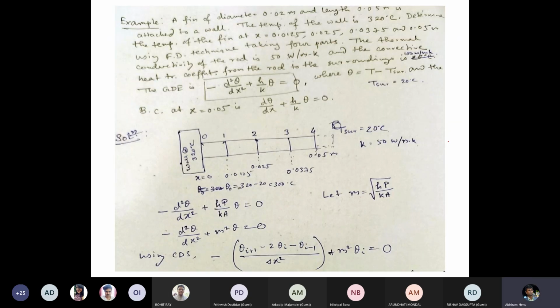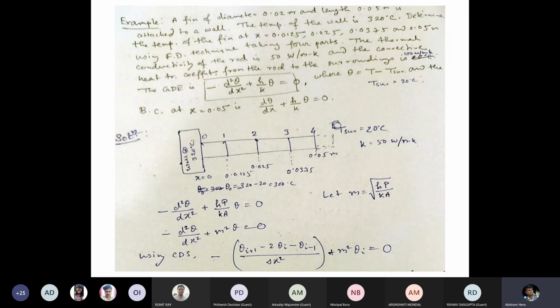Now let us take one more example to emphasize it a little bit more. This is basically a similar type of problem where we have a fin. You know that in heat exchanger surfaces sometimes fins are employed to enhance the surface area for convection or conduction.